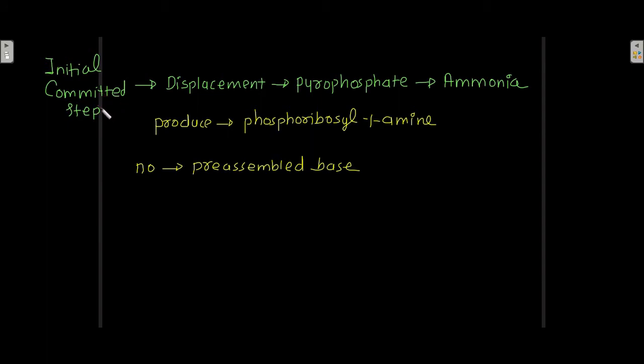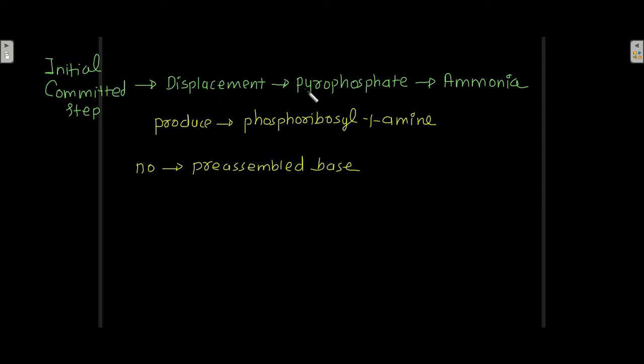The initial committed step in purine biosynthesis is the displacement of the pyrophosphate by ammonia. When you displace the pyrophosphate by ammonia, there is production of phosphoribosyl 1-amine.